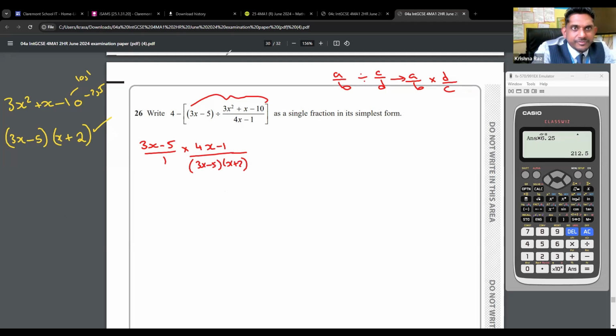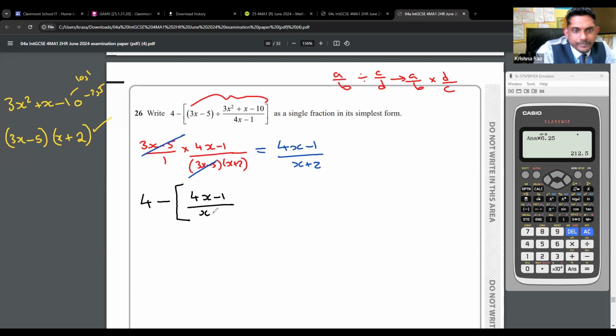So now I can simplify because that factor and that factor cancel. So I've got 4x minus 1 over x plus 2. So let's rewrite the question. So we have 4 minus this. Well, to get my answer as one fraction, I need to express 4 as an equivalent fraction out of x plus 2.